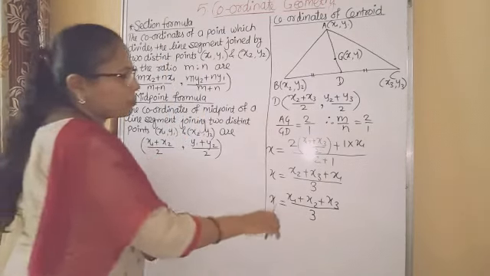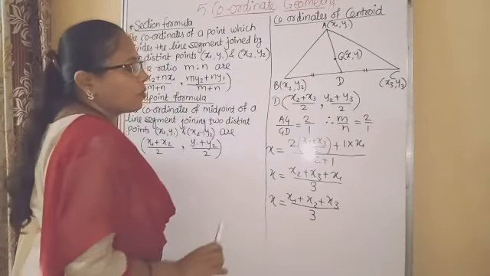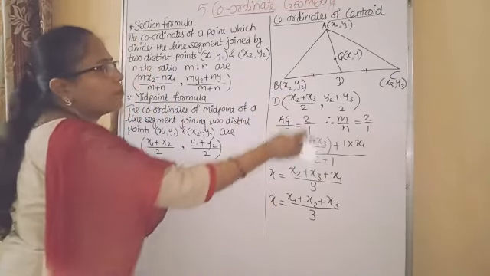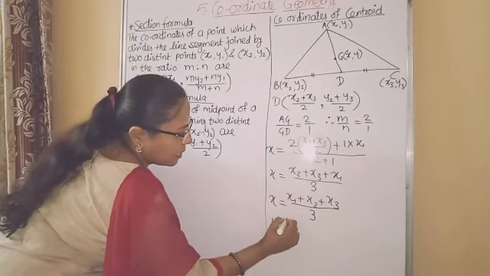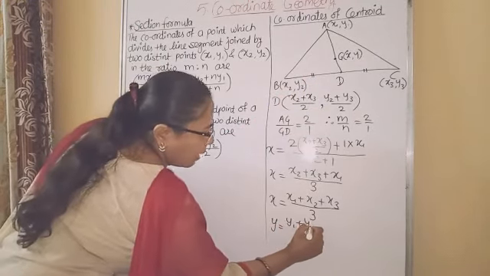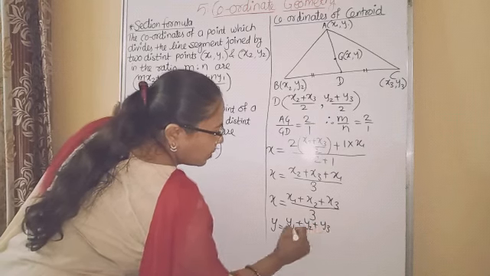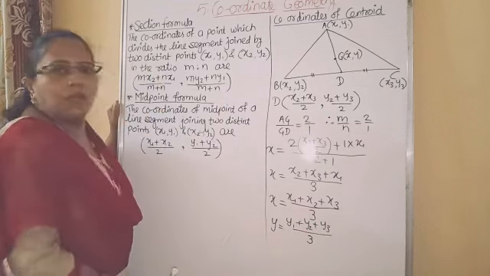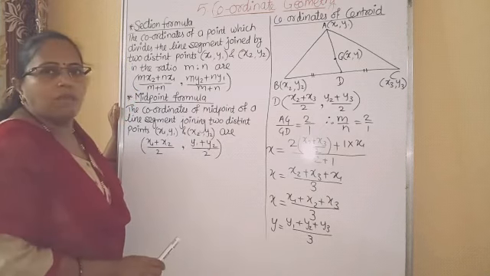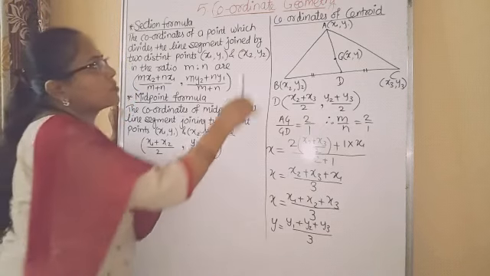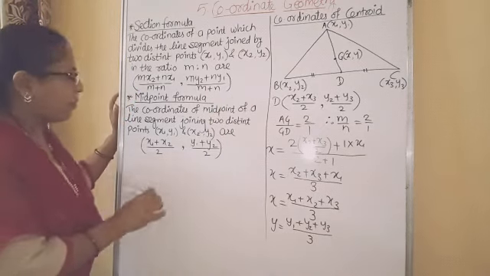This is the x coordinate of the centroid. Similarly, for the y coordinate, we get (y1 plus y2 plus y3) upon 3. This way we can find the coordinates of the centroid, which is called the centroid formula.